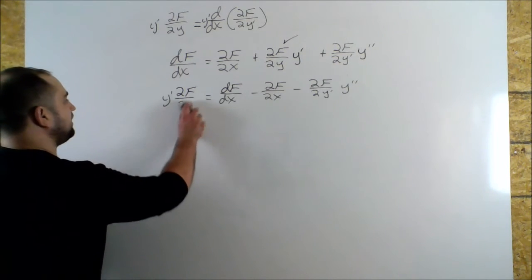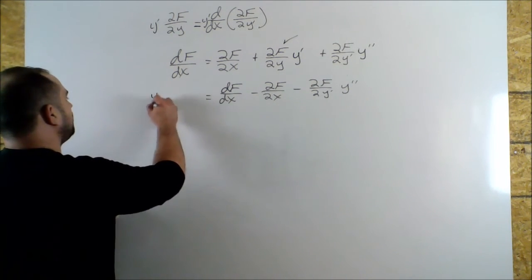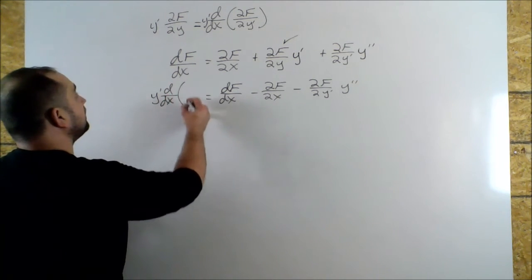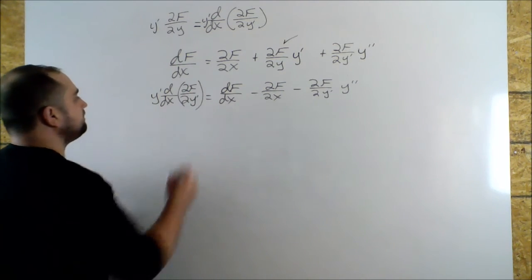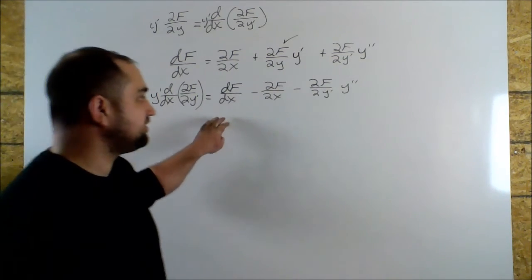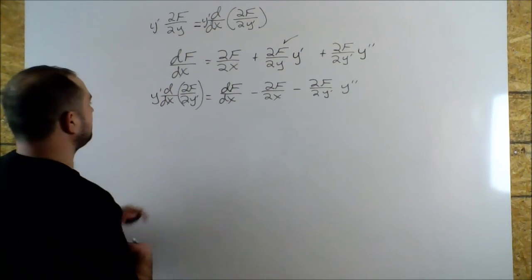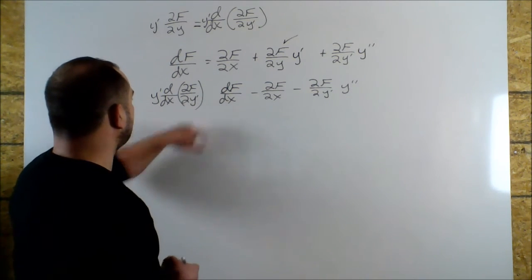I'm going to erase this here and write y prime d over dx of partial f over partial y prime. Let's set this equal to 0. And I have a plus here, so I'm going to move it.